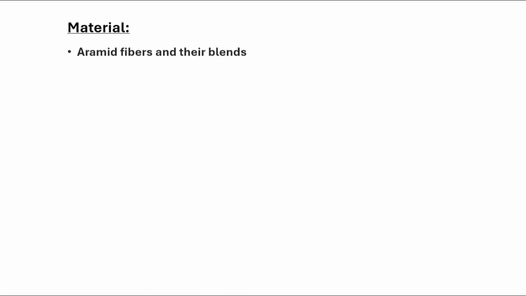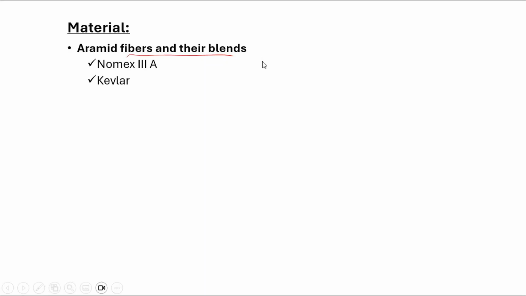Now, what are the materials used? Mainly aramid fibers and their blends are used. Blends are mainly used to reduce the shrinkage of aramid fiber. So, Nomex 3A is a blend of aramid fiber, where a small amount of other fibers are added.